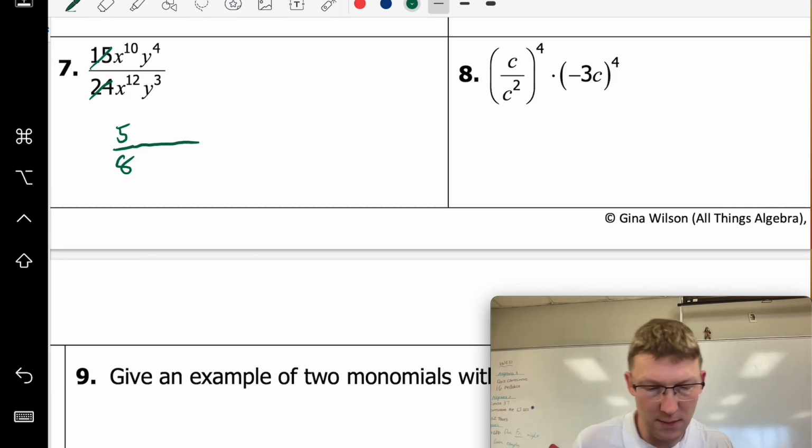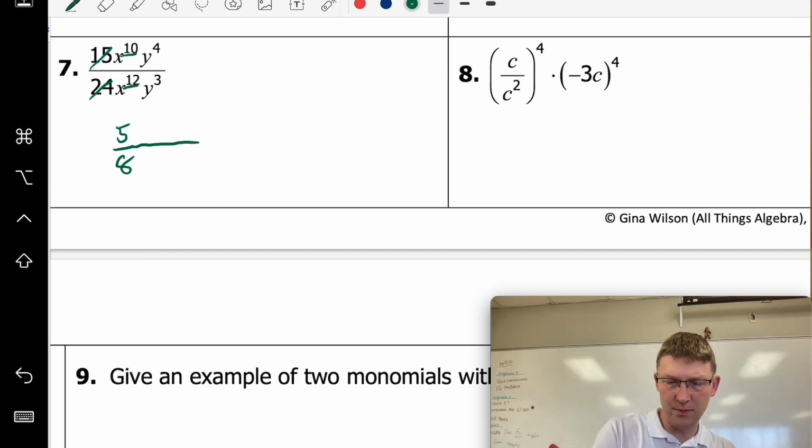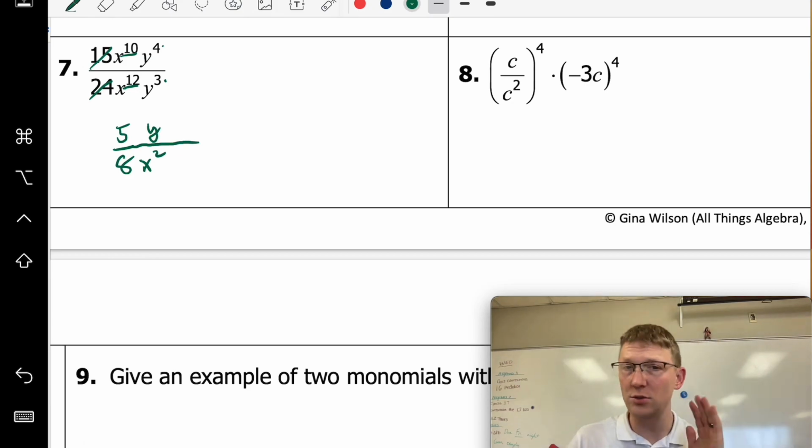Then we've got x to the 10 over x to the 12th, so that's 10 minus 12. That means we're just going to have x squared underneath here. And then y to the 4th over y to the 3rd, or 4 minus 3, so that's just going to be y to the 1st up top. If you chunk it out piece by piece, it's not too bad.